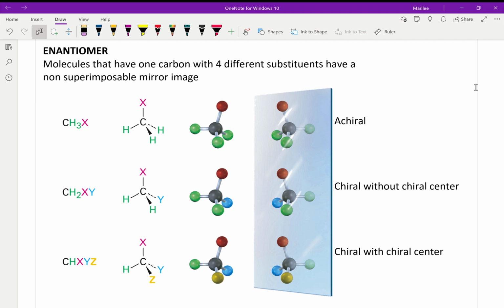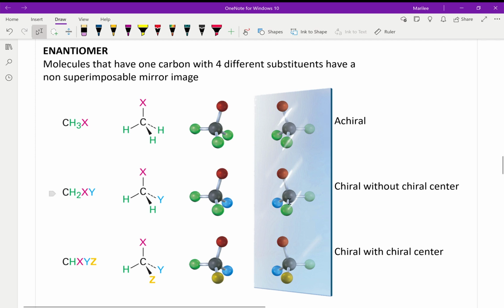In our next example, we have the center carbon bonded to 2 green hydrogens, and then an atom of Y and X. Y is the blue sphere, X is the red sphere. We look at the mirror image and ask, can we superimpose these?